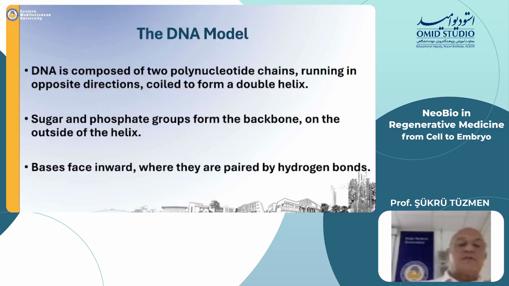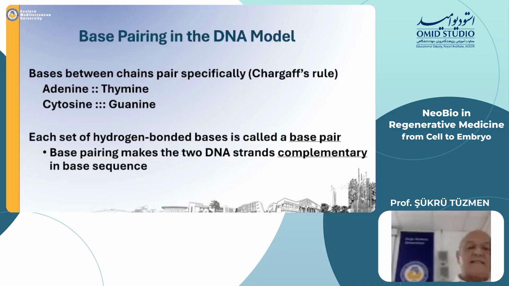So this model is composed of two polynucleotide chains running in opposite directions, coiled to form the double helix itself. On the backbone you have the sugar and phosphate, and facing inside you have the bases.